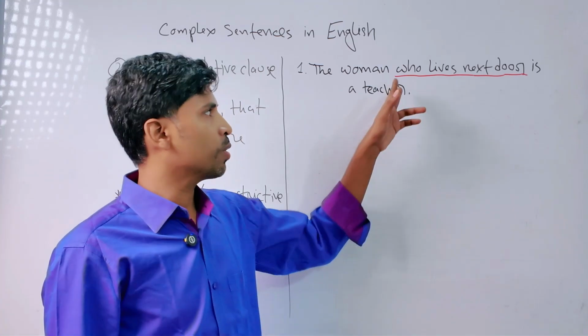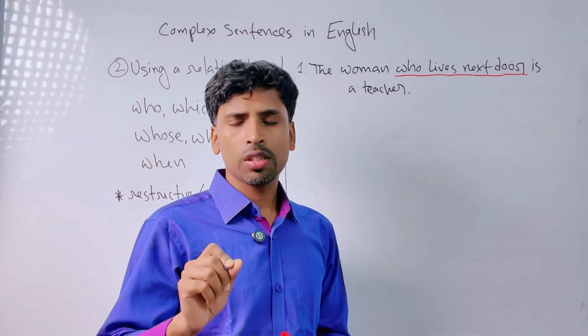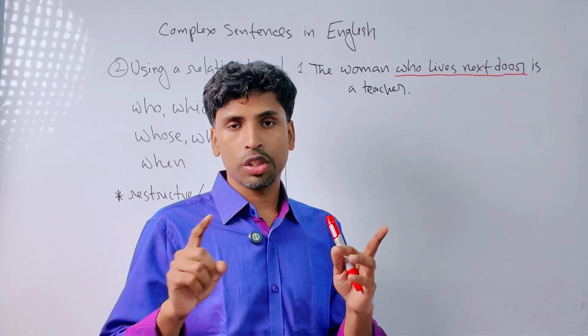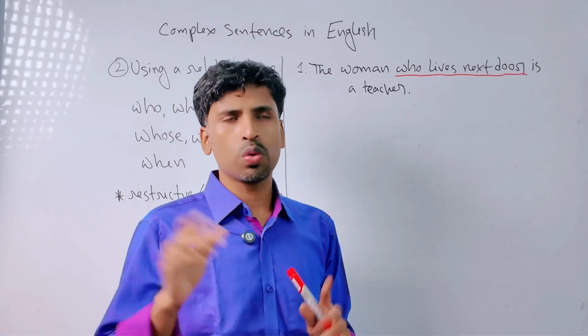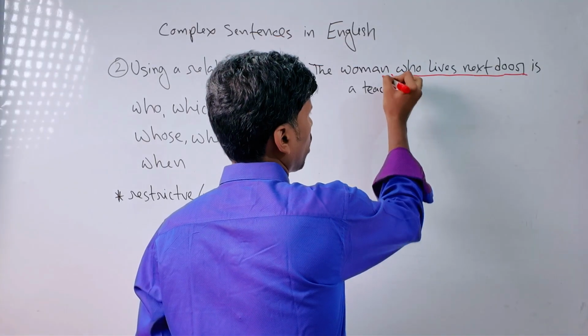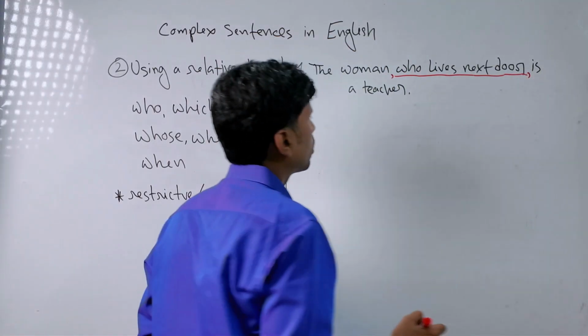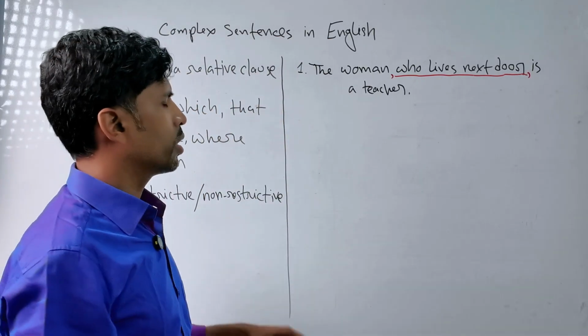Okay, so the woman who lives next door, you know, a non-restrictive clause will have commas, usually either one or two commas. Okay, so let's say if we had commas, one comma here and another comma here, the woman, who lives next door, is a teacher.